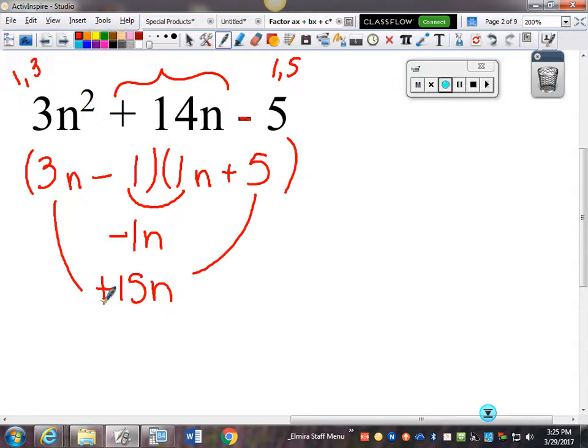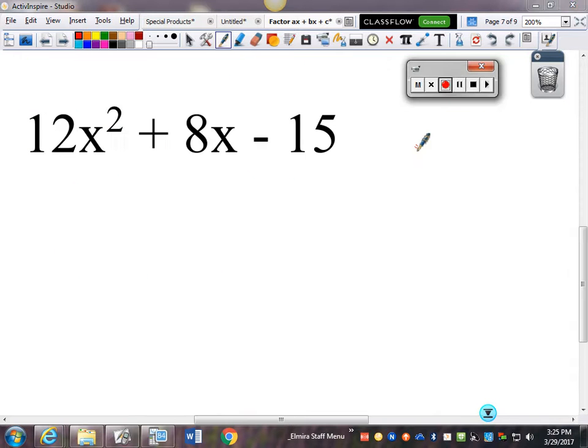Now, 3 and 5 don't have a tremendous amount of factors, so it didn't take too long to do trial and error for that. However, if we look ahead at a different problem with the 12 and the 15 in it, I have lots of combinations for 12: 1 times 12, 2 times 6, 3 times 4.